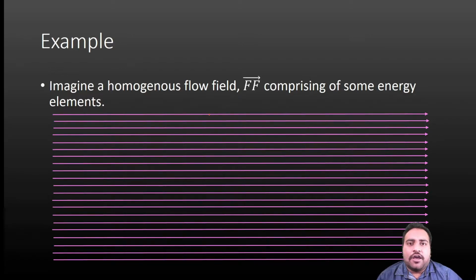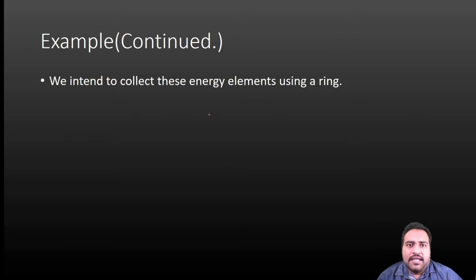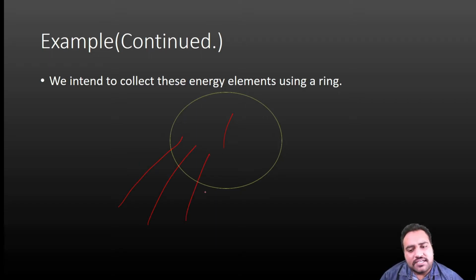My aim is to collect these elements using a ring. Now, how do you collect them? If it flows through the ring, I will be able to collect it. That is the answer, right? If it flows through it, I will be collecting it.